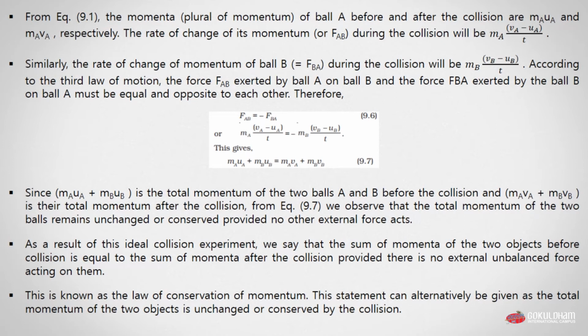So FAB equals minus FBA is equation 9.6, and MAUA plus MBUB equals MAVA plus MBVB, which is equation 9.7.